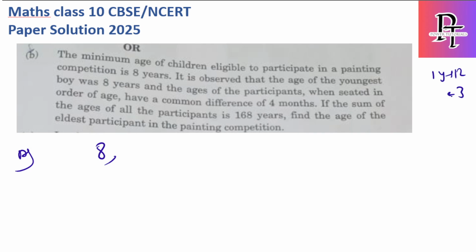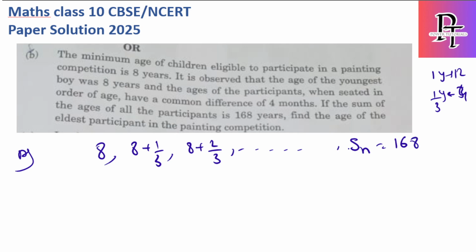So 3 months will become 1 by 4, 4 months will become 1 by 3. So I can say it is 8 plus 1 by 3 and 8 plus 2 by 3 and so on. If the sum of all the ages of participants, Sn, is 168 years, find the age of the oldest participant; they are asking Tn value.